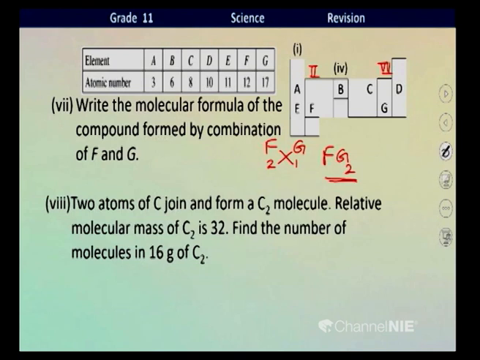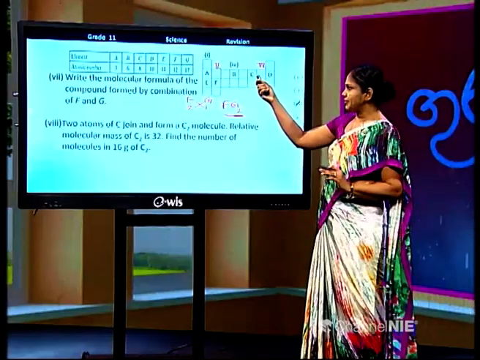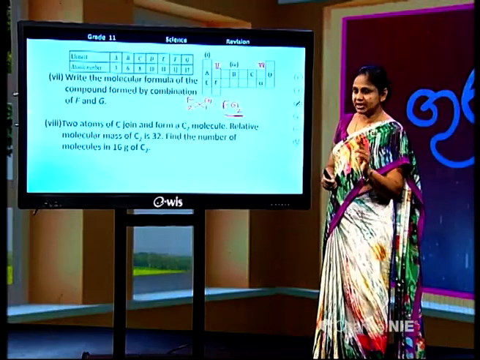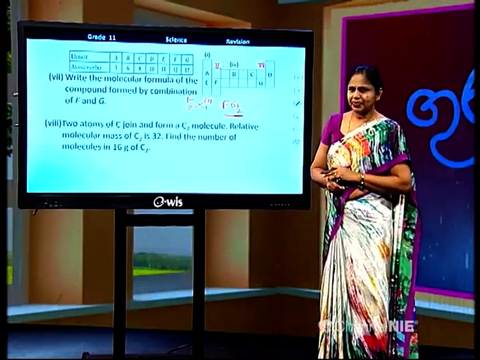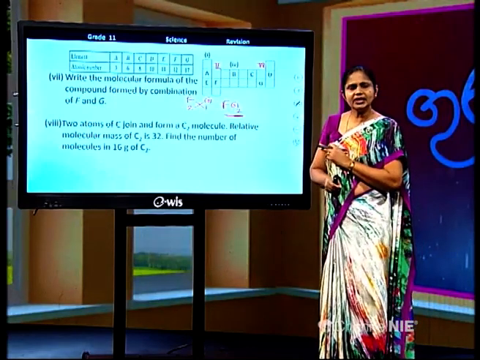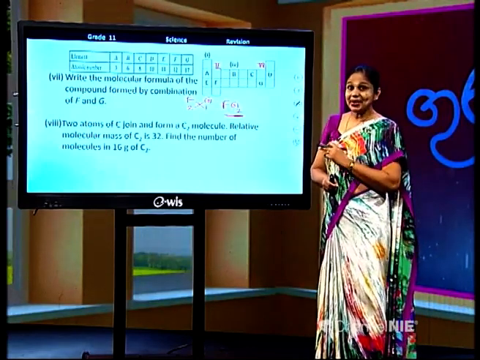Two atoms of C. C represents here the given symbols, children, not carbon. C is the given symbol. Two atoms of C join to form C2 molecule. Actually, what is C here, children? C represents oxygen.